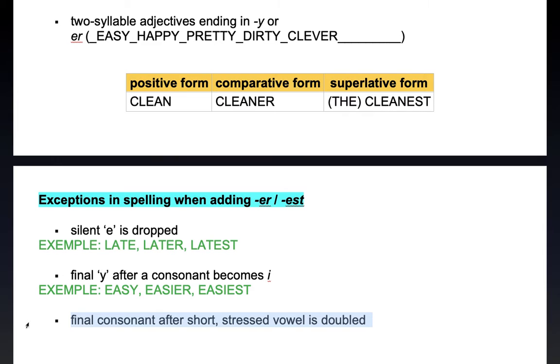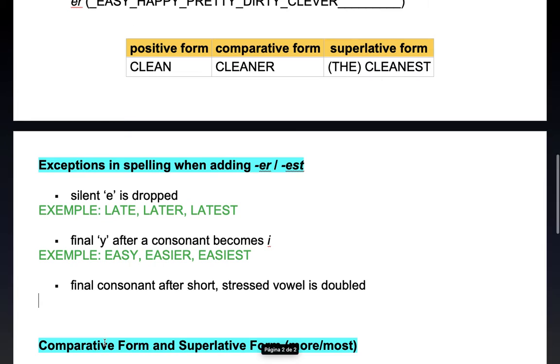Consonante final después de vocal corta o estresada es duplicada. Estresada, bueno, trata acerca de un término cuando tiene tilde. Como el inglés no tiene tilde, entonces se dice estresada, que tiene el acento en esa parte. For example, hot, caliente, más caliente que hotter.